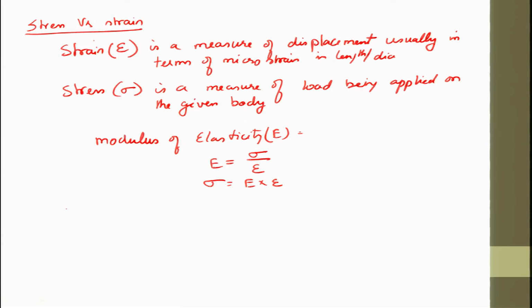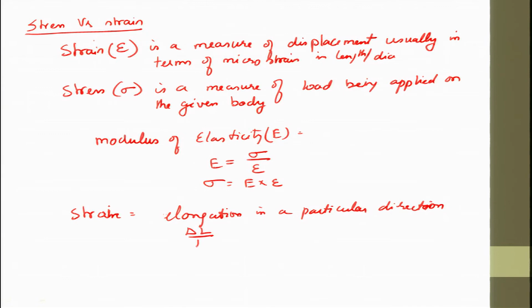So, let us understand what is strain. Strain is defined as an elongation in a particular direction, or we can say increase in length by original length.